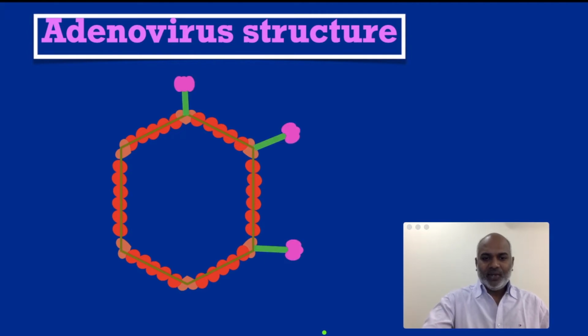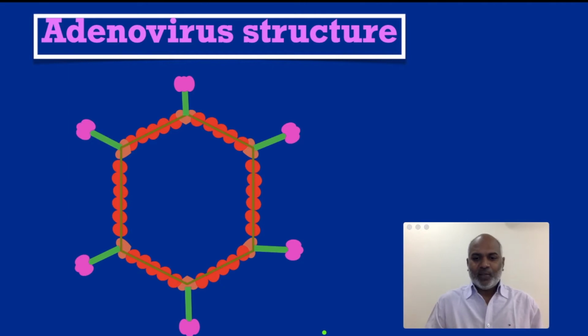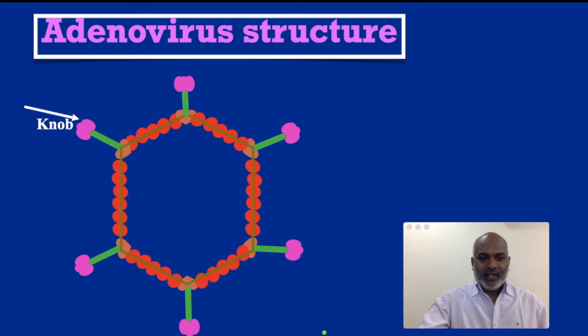They also have knobs, which are glycoprotein-like structures involved in attachment to the host cells.